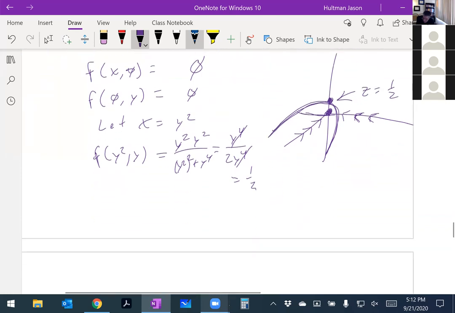Okay, so it's much easier to prove something doesn't work than something does work, right? Because what do you need to prove something does not work?